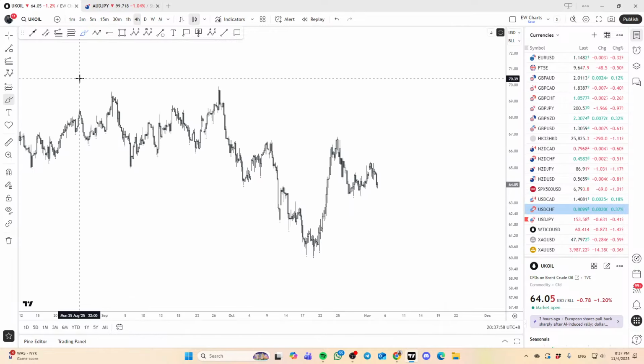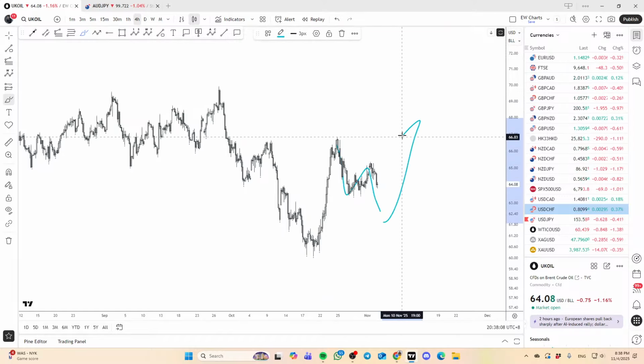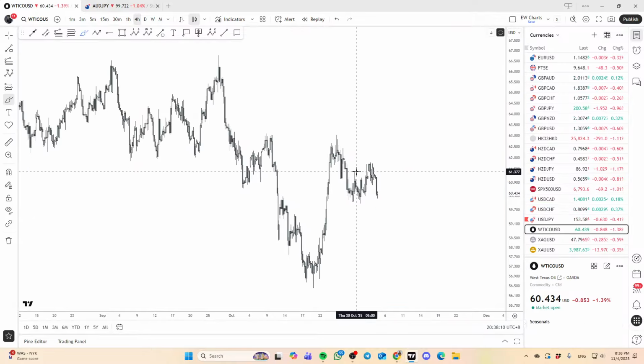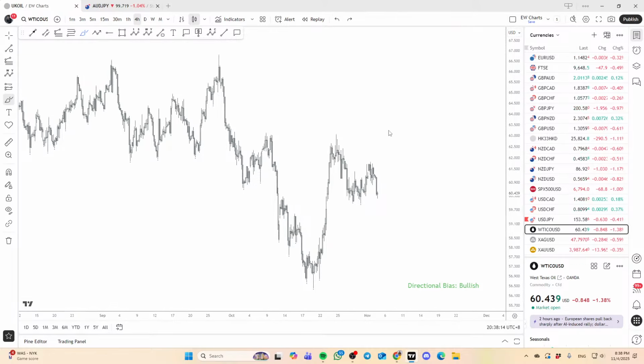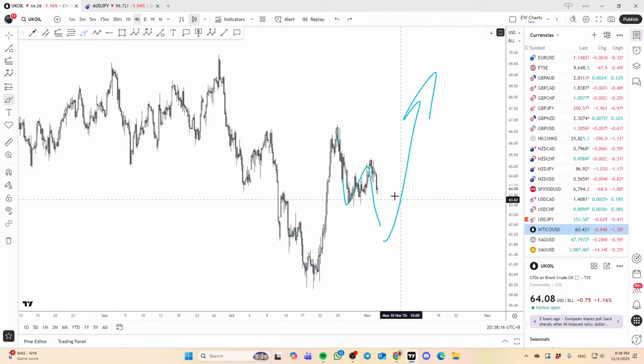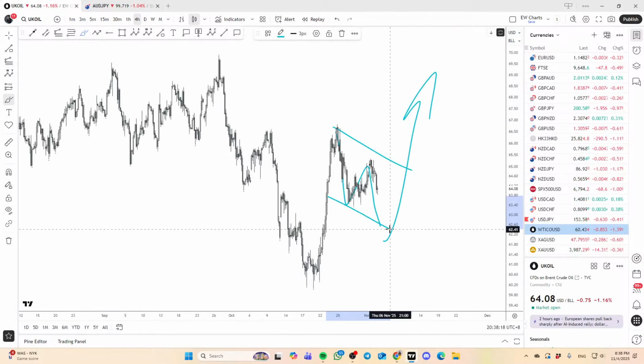You can see here, Brent itself is very, very similar to crude oil. So the expectation is just going to be 1, 2, 3, and then look for upside, which is basically what we covered in crude oil. So the expectation is a 3-wave corrective move, and then we'll be expecting one more push to the upside.